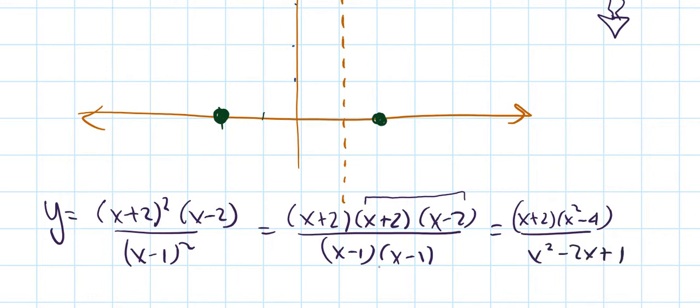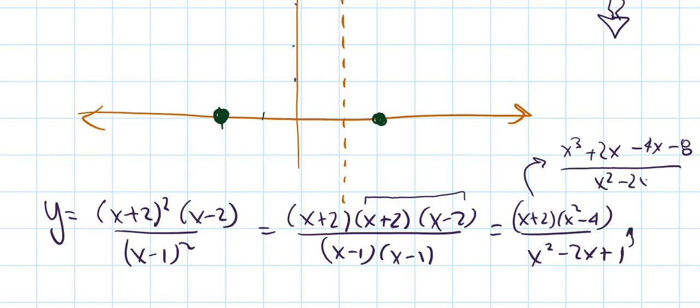Okay, the denominator is just a perfect square trinomial. The numerator ends up being an x cubed. That's my x cubed. Then I'm going to have plus 2x squared, and then minus 4x, and then minus 8. That's my numerator. My denominator, x squared minus 2x plus 1. All right. So what do we have here?